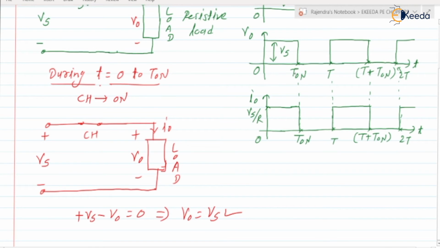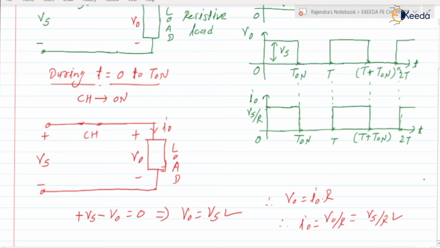Again, as I said, the load is resistive, so V0 is equal to I0 into R. Therefore I0 is equal to V0 by R, which is nothing but Vs by R. So the I0 waveform has a magnitude of Vs by R during 0 to t on.